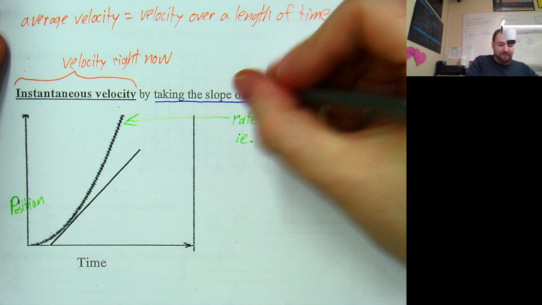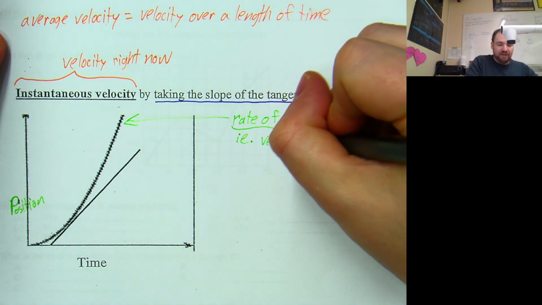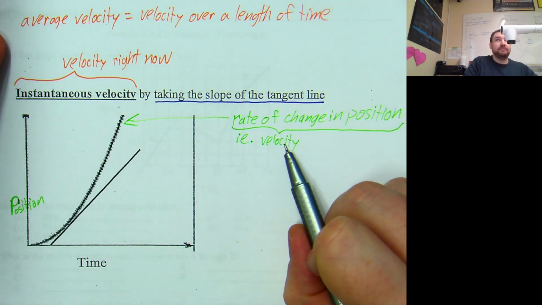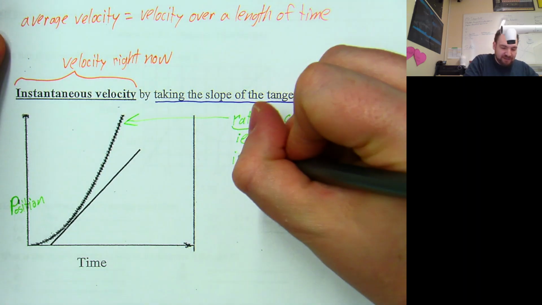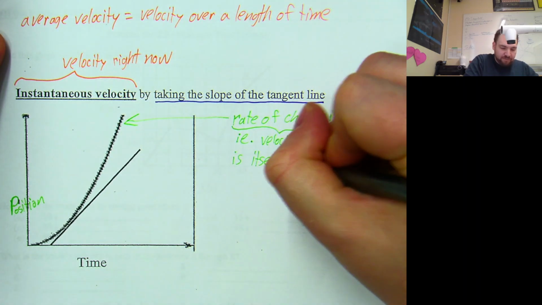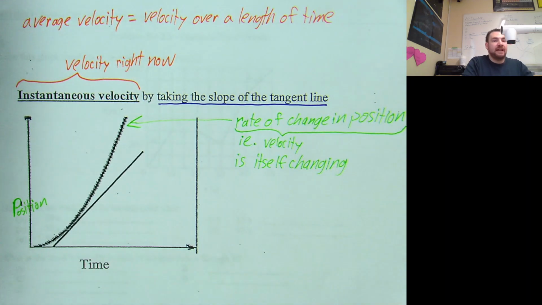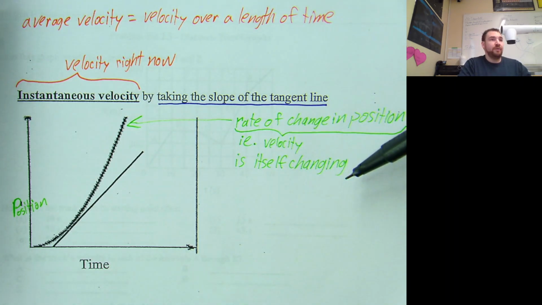Rate of change of position is velocity. How quickly your position is changing, that's velocity. The rate of change in position, i.e. your velocity, is itself changing. That's what a curved line represents on a position time graph. Now, if your rate of change of position, or your velocity, is changing, what can you tell me about what the object is doing?